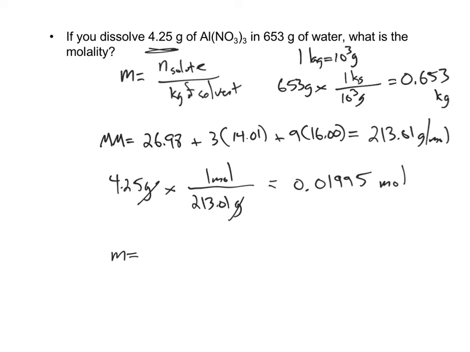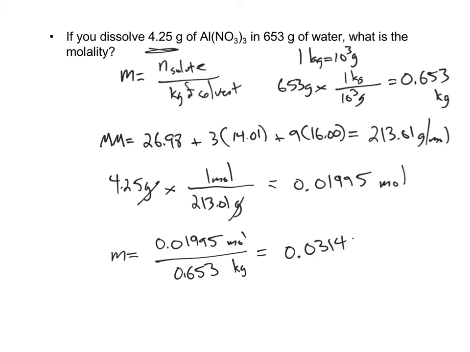So then my molality is the moles of the solute divided by the kilograms of the solvent. And my final concentration is 0.0314. And then I can either write that as moles per kilogram, or I could say that it's 0.0314 molal.